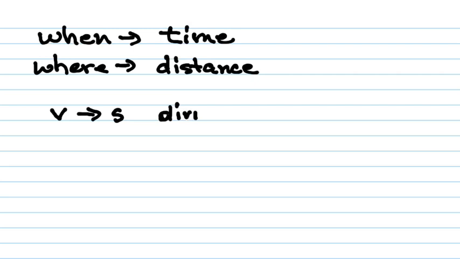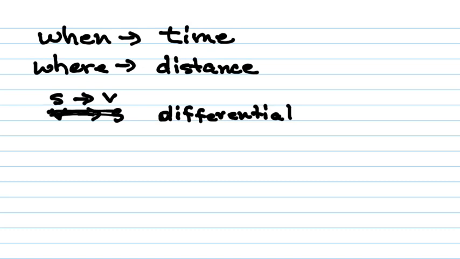What do you all use? Differential? Yeah. And that will give you the function for velocity. So make sure you change your S to a V. I got that written backwards. I'm sorry, guys. Sometimes you just have to bear with me. So to turn S into V, just take the differential.